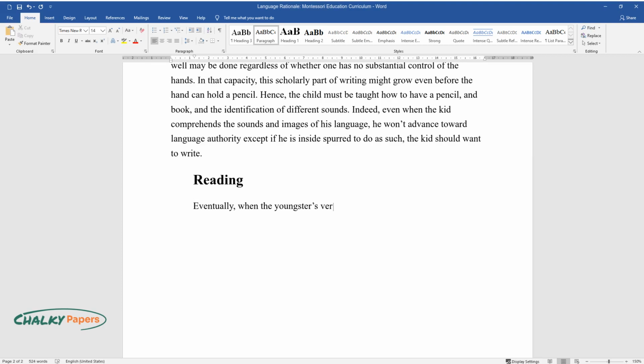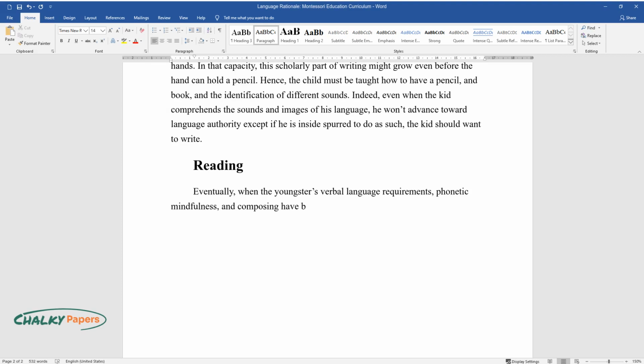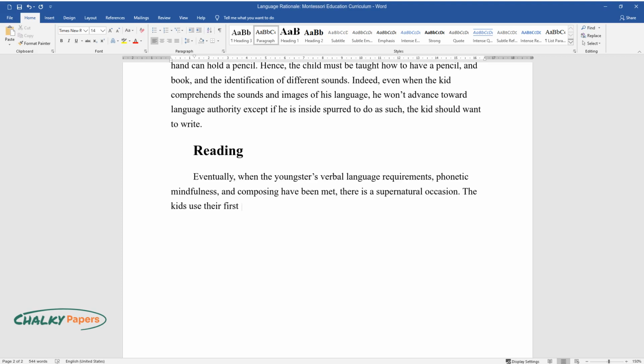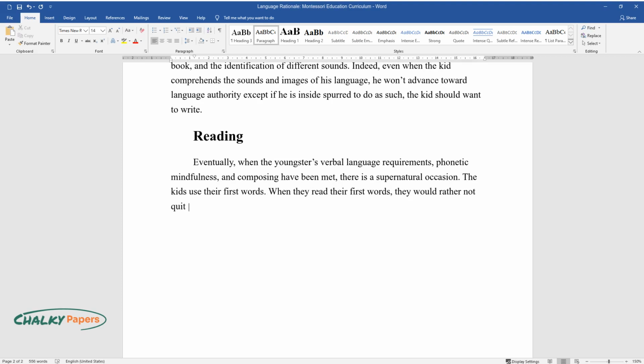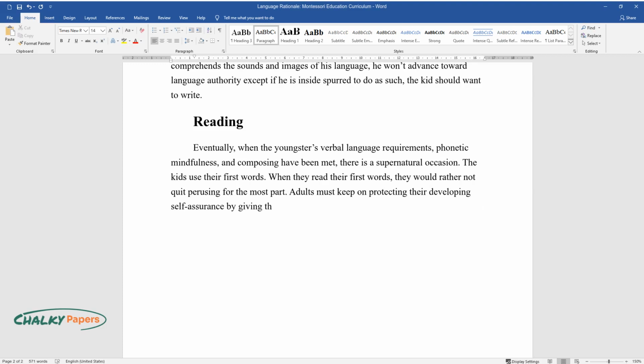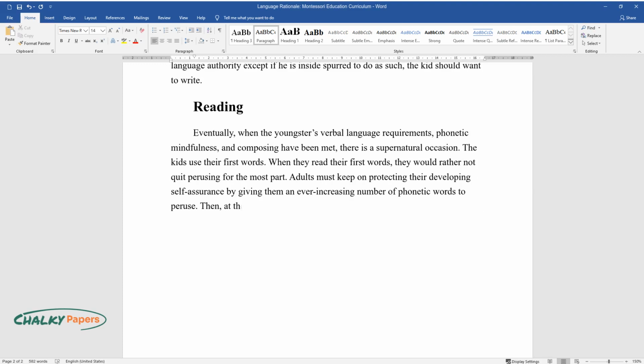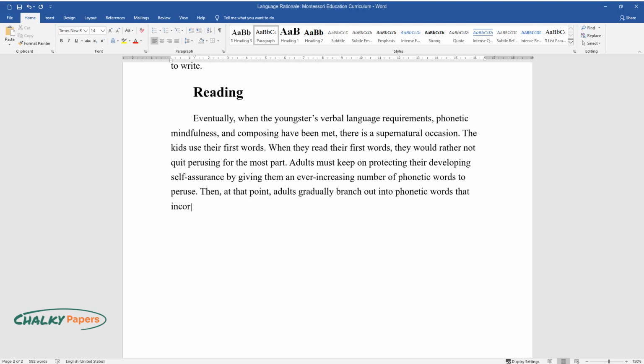Eventually, when the youngster's verbal language requirements, phonetic mindfulness, and composing have been met, there is a supernatural occasion. The kids use their first words. When they read their first words, they would rather not quit perusing for the most part. Adults must keep on protecting their developing self-assurance by giving them an ever-increasing number of phonetic words to peruse. Then, at that point, adults gradually branch out into phonetic words that incorporate phonograms/digraphs.